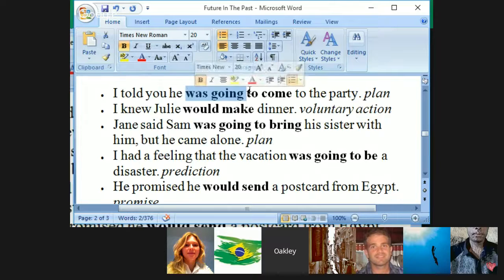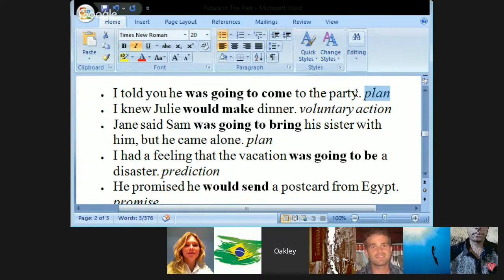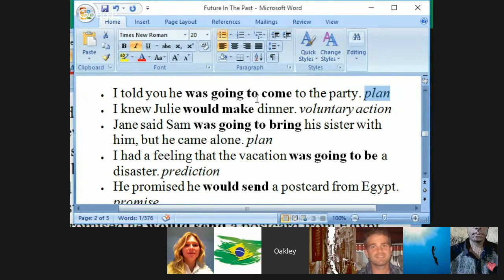What is the difference? If you said, I told you he would come to the party, what you're really saying is that was your prediction in the past. And with this one, I told you he was going to come to the party, you're saying in the past you knew, or thought you knew at least, that he planned on coming to the party.